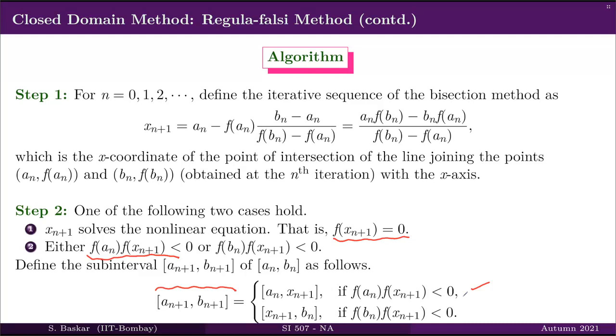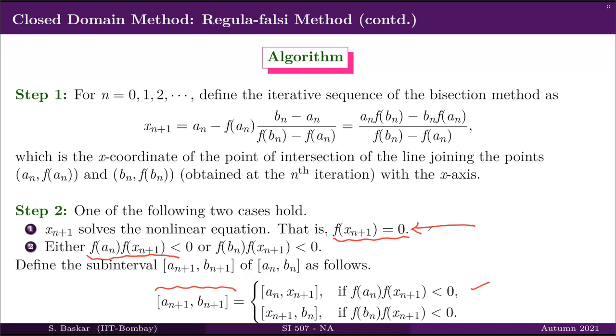Now the question is, how will you stop the iteration on a computer? Theoretically, we can go on like this. As long as we are not hitting this case, you will generate a sequence of real numbers, theoretically. But when you are doing it on a computer, you need to also worry about the stopping criteria, right?